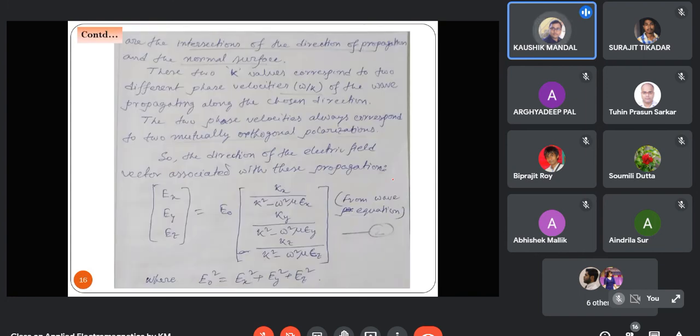Now, for the same set of equations, we basically have to identify that the phase velocity is represented by omega by k.